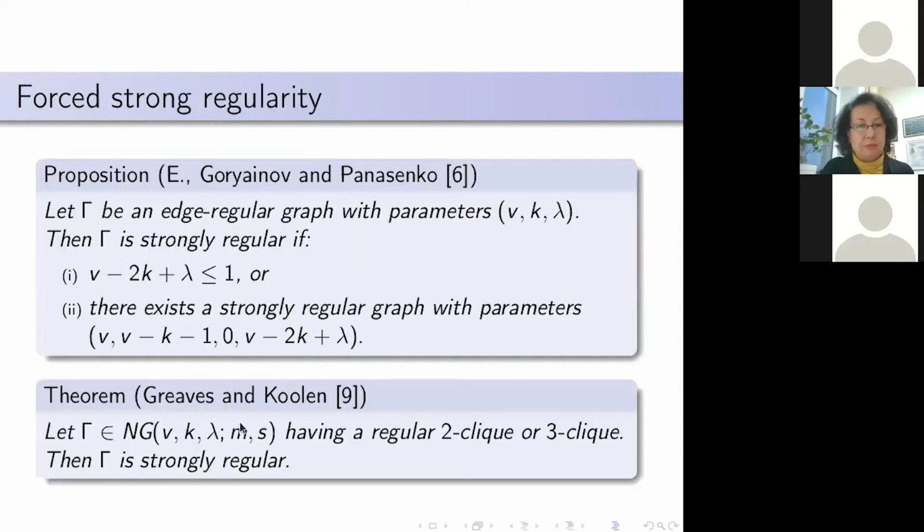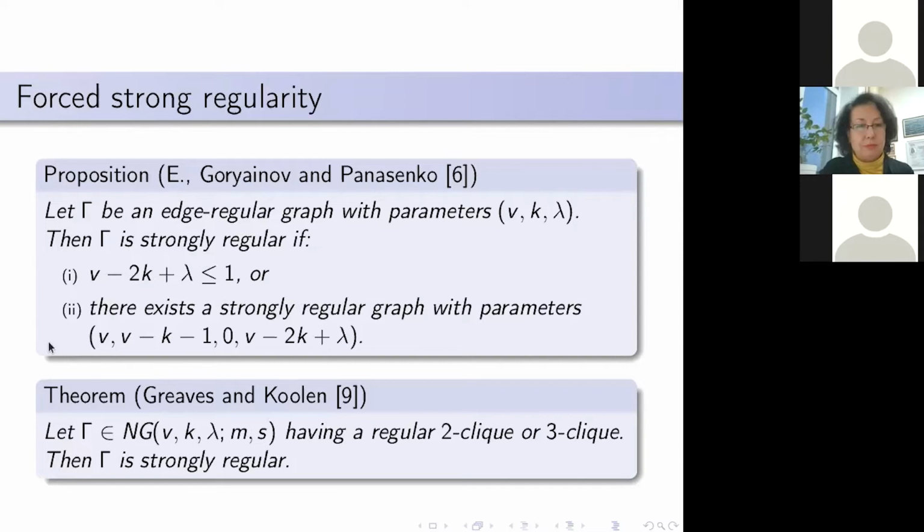Now, if we're looking for strictly Neumaier graphs, we might also want to know when our Neumaier graph is forced to be strongly regular. For example, any edge regular graph with parameters v, k, lambda is strongly regular if they satisfy this inequality, or a strongly regular graph with these parameters exists.